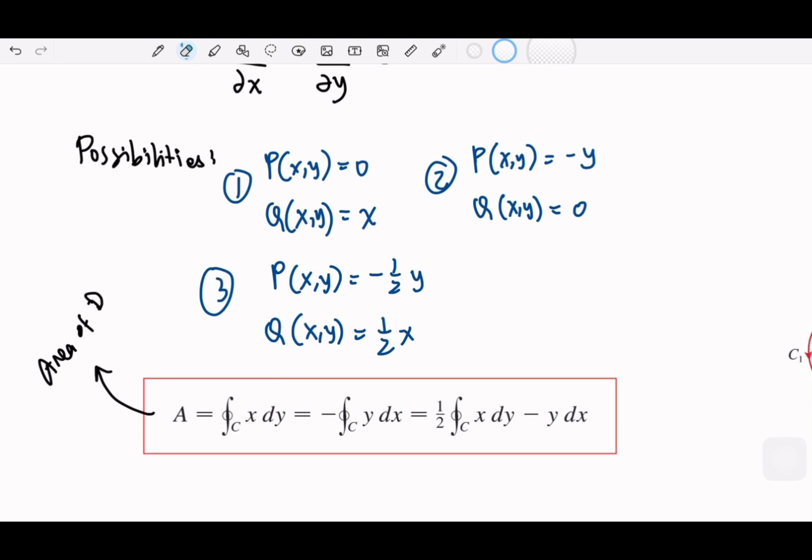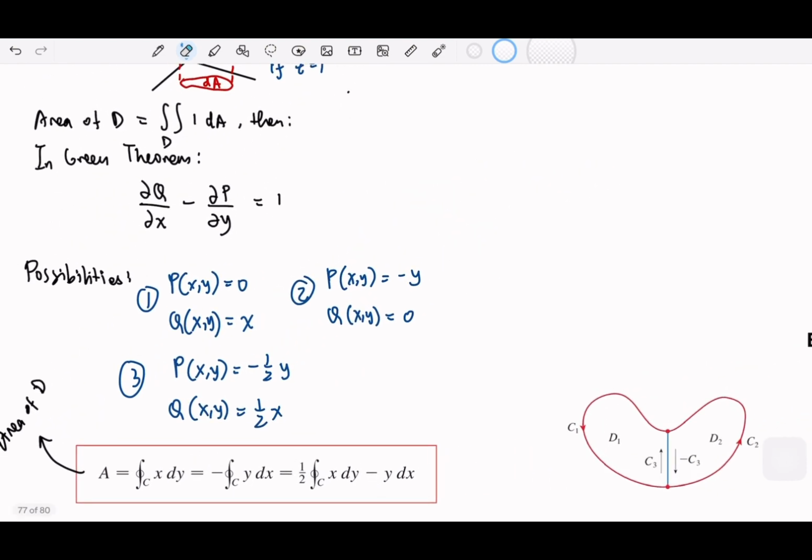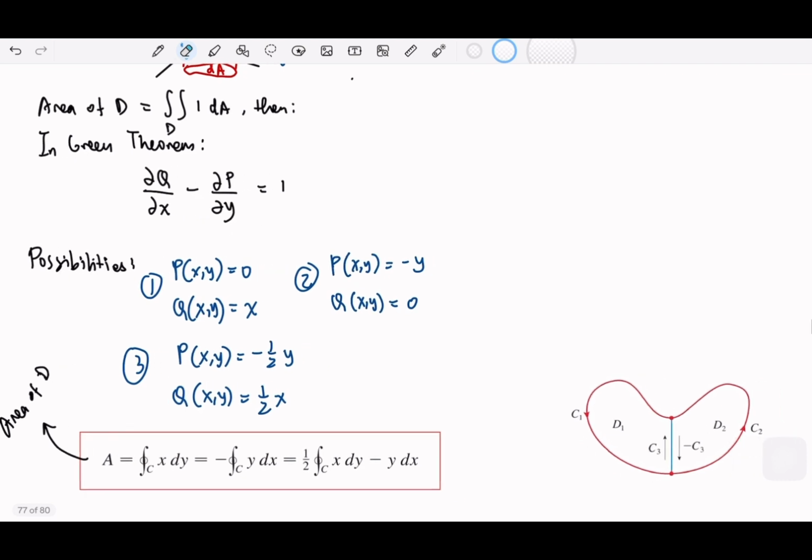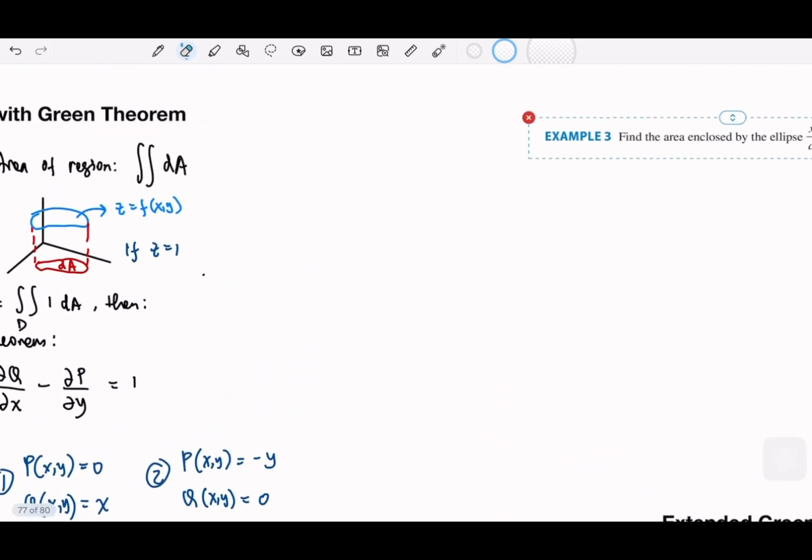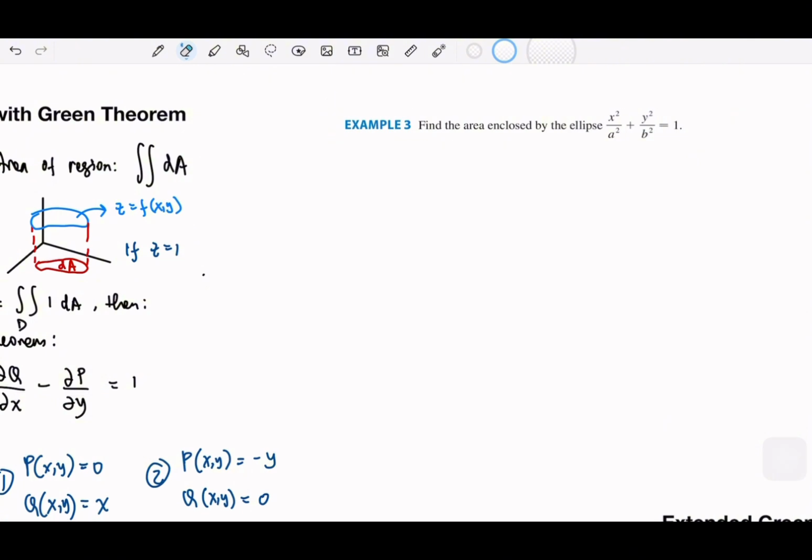Okay, how to use this? We can get an example from this one. So if we have an ellipse, x squared over a squared plus y squared over b squared equals 1, then if we want to find the area, we can use parametric equations.